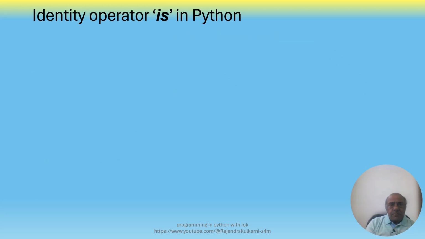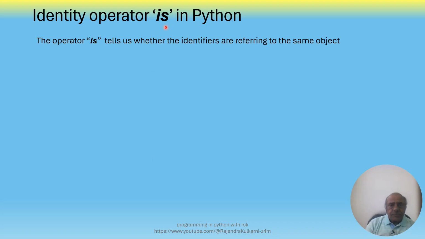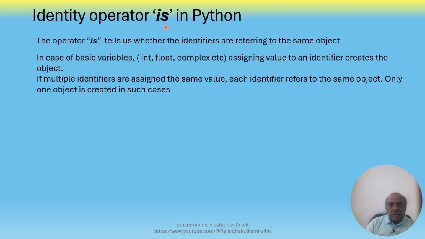There is an identity operator, is, in Python. What it does is tell whether the identifiers are referring to the same object. In case of basic variables, int, float, complex, etc., when a value is assigned to an identifier, it creates an object, and that identifier refers to that object in our program.